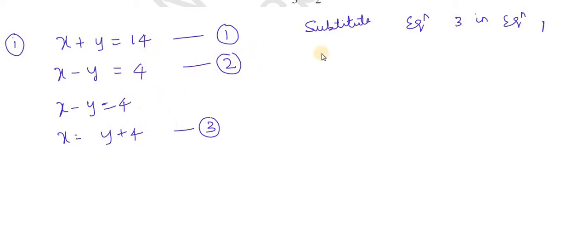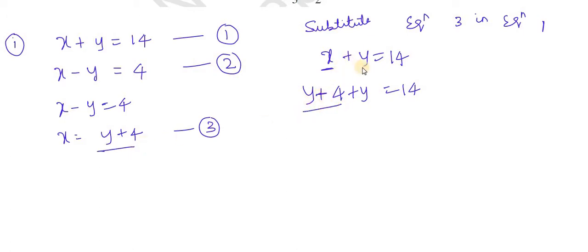Now what am I going to get? x plus y is equal to 14, so your x value is y plus 4, plus y is equal to 14. Instead of x, I substituted this value. Is it clear? The remaining y remains the same.